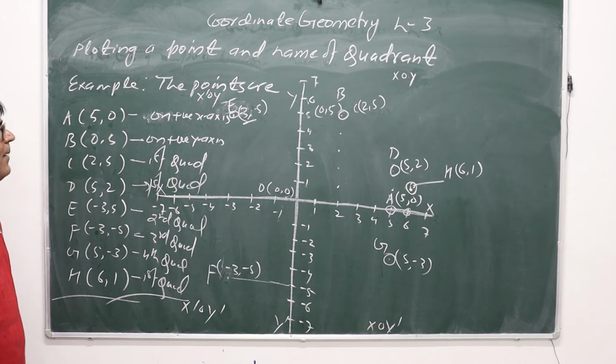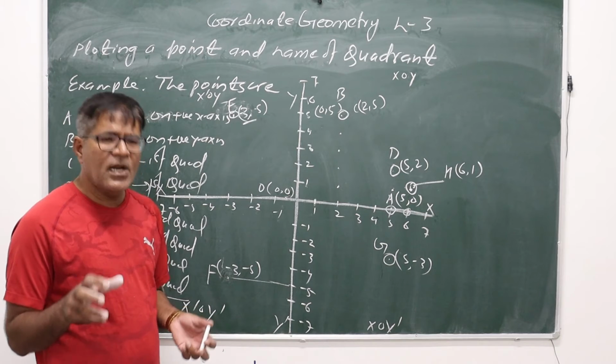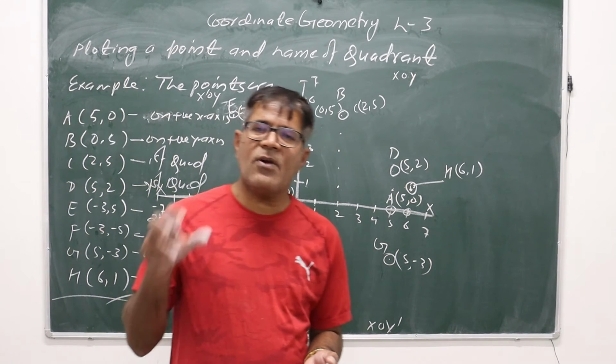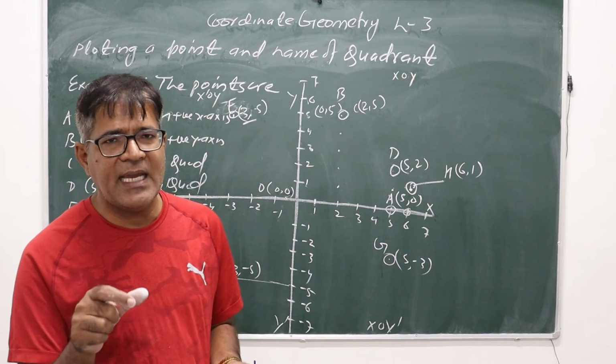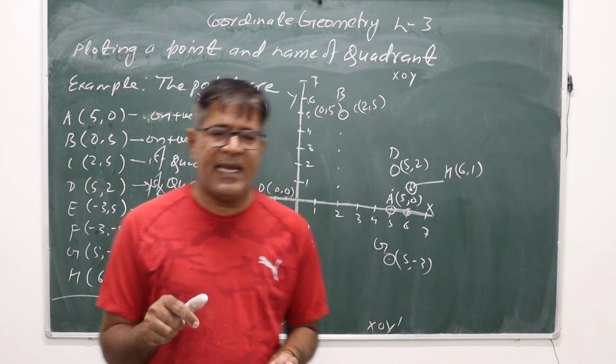So in this way, we can plot the point on the graph paper and write their location, that is whether they are lying in various quadrants or on the positive x-axis, negative x-axis, positive y-axis or negative y-axis.